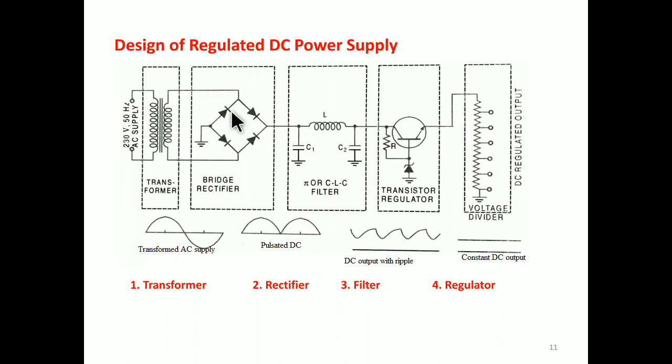This value is given to the bridge rectifier. The bridge rectifier then provides a full wave rectified voltage that is initially filtered by the CLC filter. The filter eliminates the unwanted signals, and it gives a constant DC voltage.